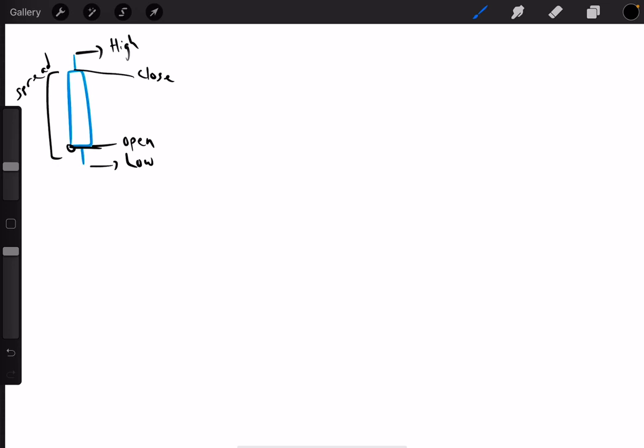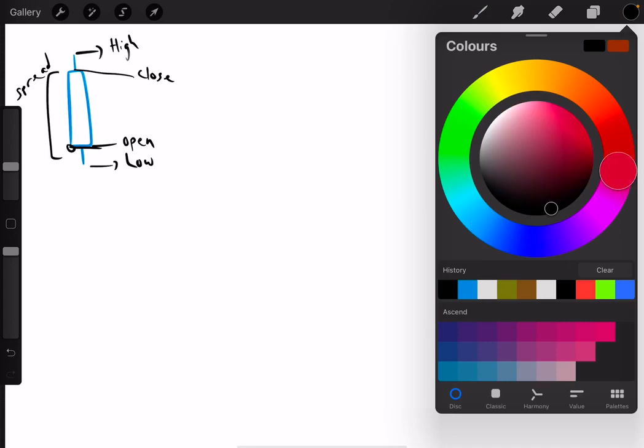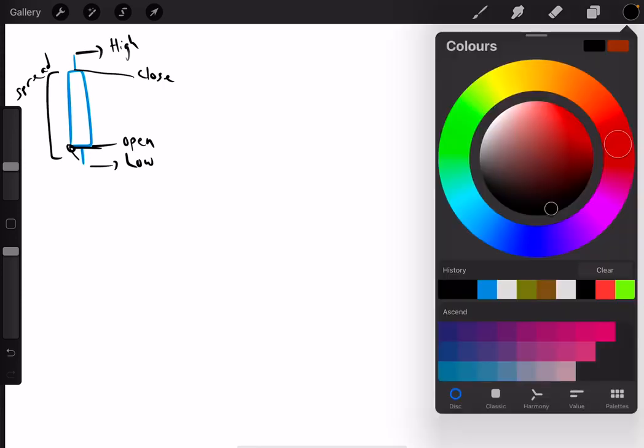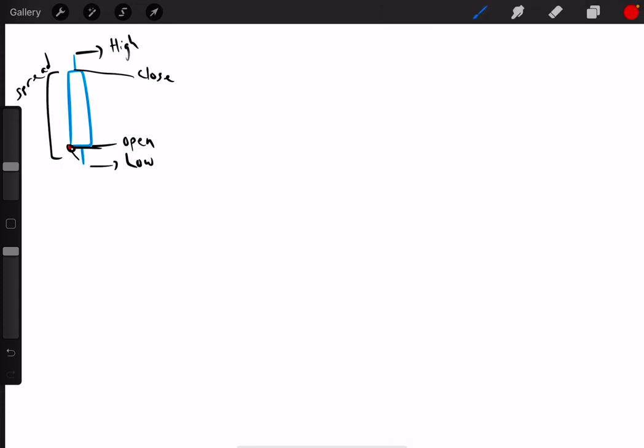Now, if you're going to think about what is happening in terms of price, price is starting here. It comes down and then it goes back up, creates a high, and it closes there.